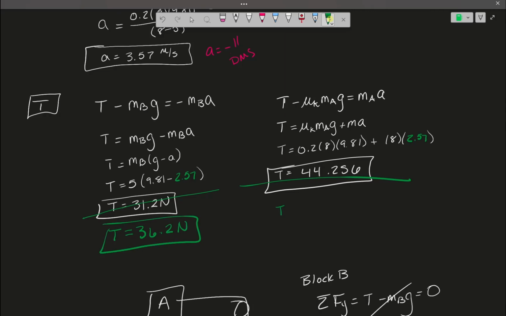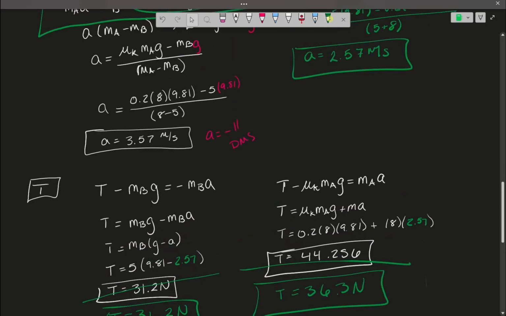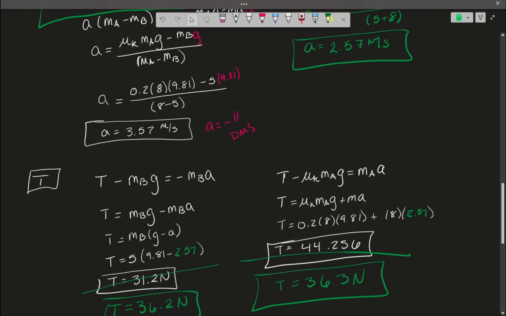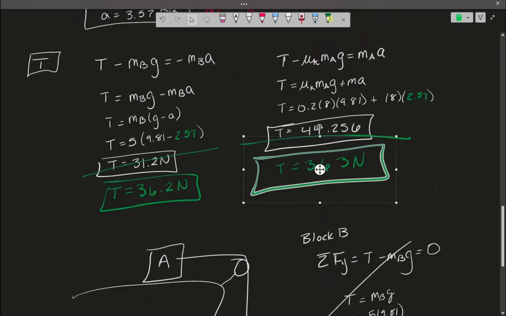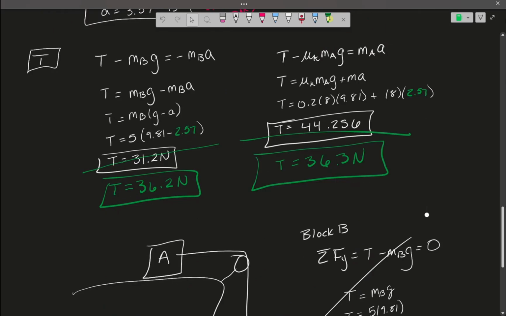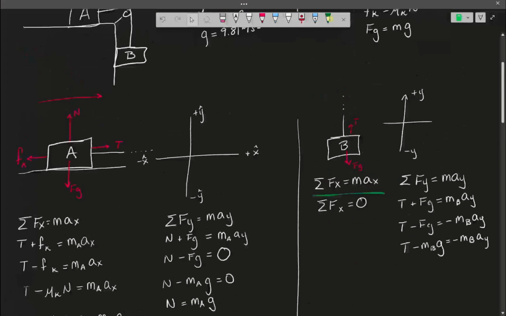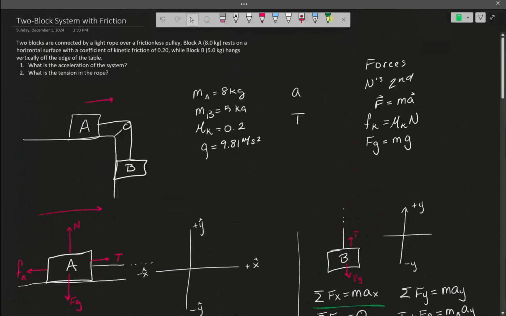And please let this be the same number. Woo! 36.3 newtons. It's within a rounding error. So, the acceleration is 2.57 meters per second squared. The tension is 36.3 newtons. So, that's how we solve this problem.